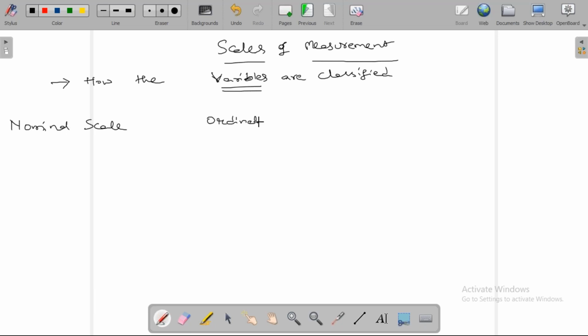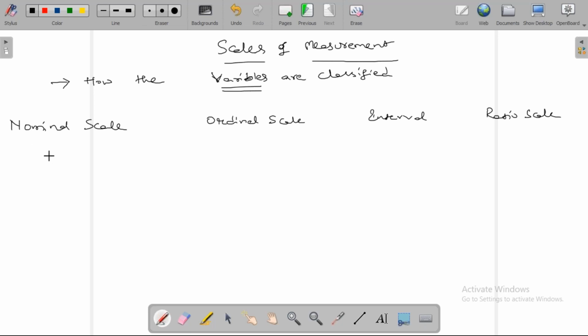Whenever we talk about scales of measurement, we put it in 4 categories. First is nominal scale, then ordinal scale, then interval scale, then ratio scale. We will be talking about each of them in brief. So first, let me talk about nominal scale.